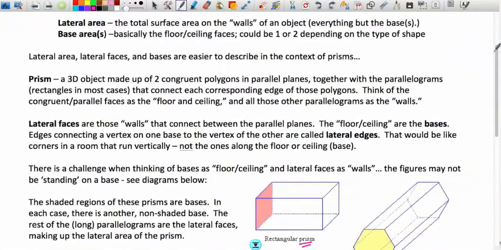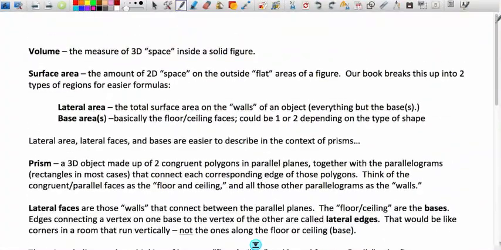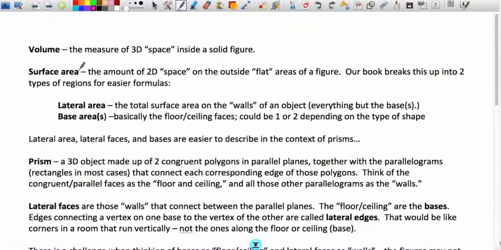So if we come back up, what we're looking at is finding three things. We're looking at finding volume, which is the amount of space that the figure occupies. We're looking at finding its surface area, that is the area of all of the surfaces that make up the figure, and that consists of two parts: our lateral area, which is the total area of all of the sides of the object, and then we have our bases.